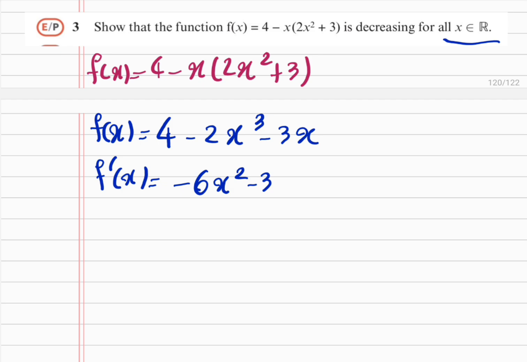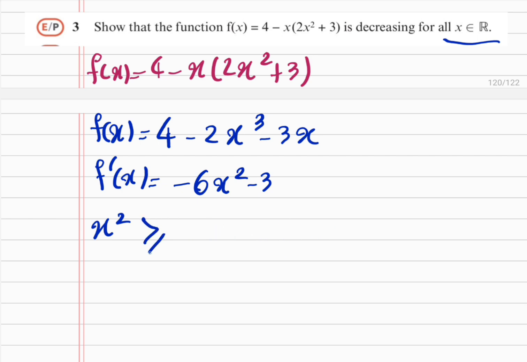So all we need to mention here is that x squared is always greater than or equal to 0. So maybe it's better to write in this form.